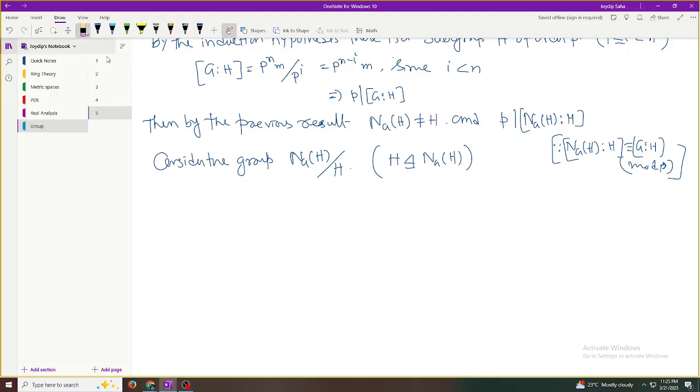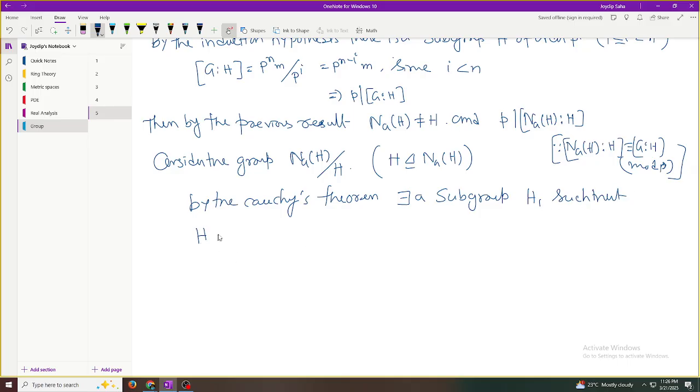Okay, so I can consider the quotient group. By Cauchy's theorem, p divides this order, so there exists a subgroup H1 such that H1 quotient H has order p.